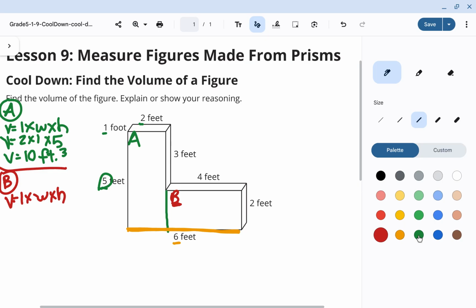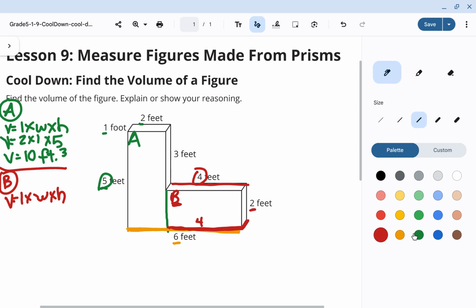But we must attend to the detail that we have not used that whole length, we've only used this much of it. So be careful and make sure that you are using the correct numbers. This is the actual length right here. We're only using this much of that 6-foot line, and that just happens to be 4 feet of that 6-foot line. Now I can see that it has a height of 2.